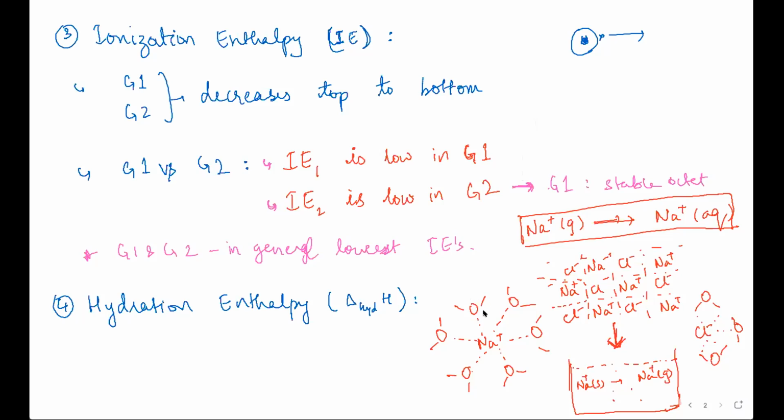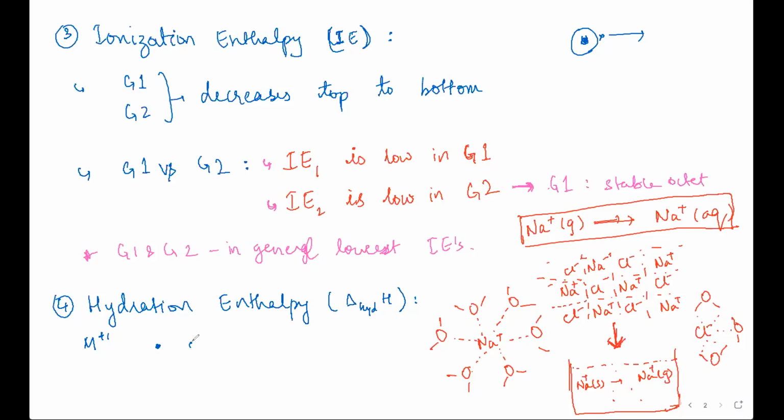So, ma'am, could you say how hydration enthalpy differs with size? Sure. All the group 1 elements have the same amount of charge, so all of them form M+ only. They form singly charged cations, but the size changes.